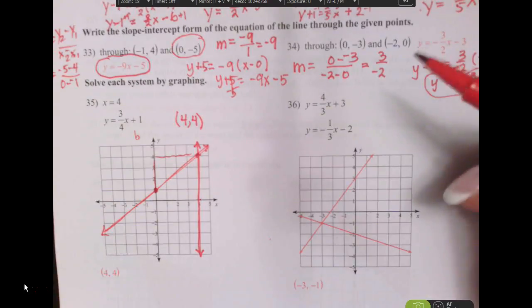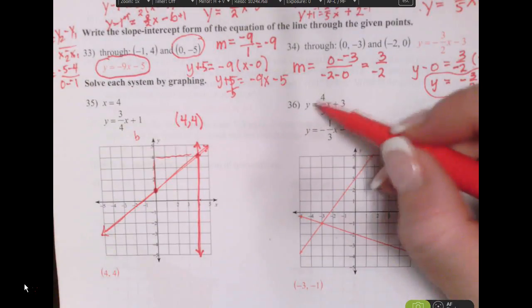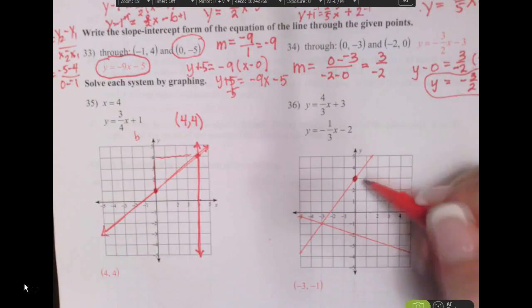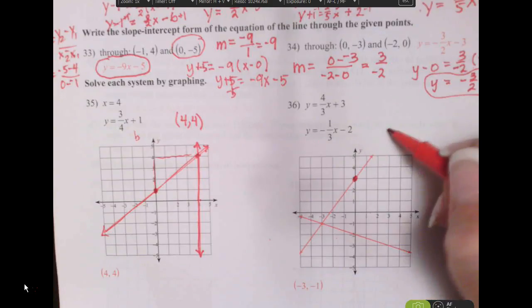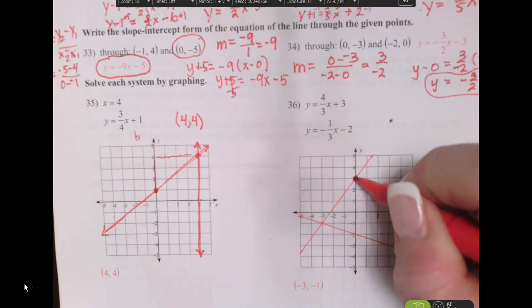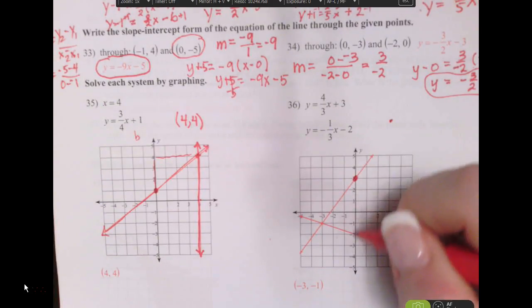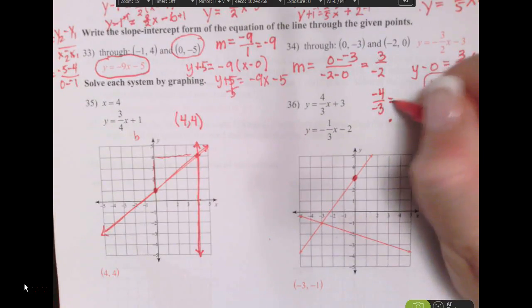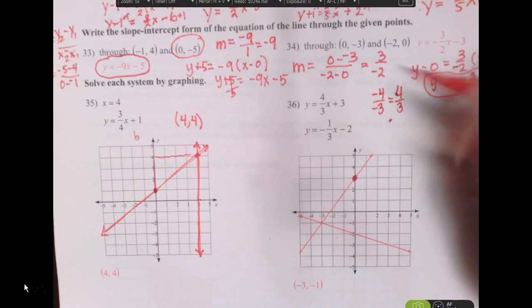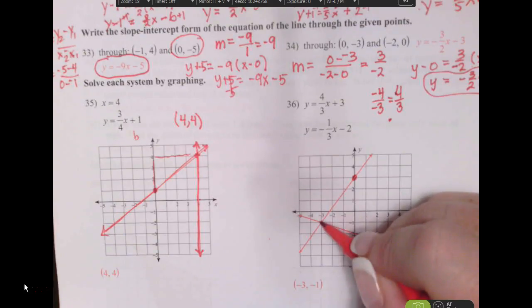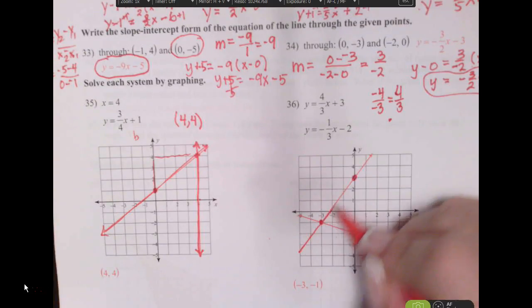Number 36, to graph y equals 4/3 x plus 3, I would go to positive 3, and since rise 4, run 3 is off the graph, I mean, I could plot it up here, but it's probably better to go down 4 and left 3, because down 4 and left 3 is an equivalent slope to 4/3, and then I've got that line.